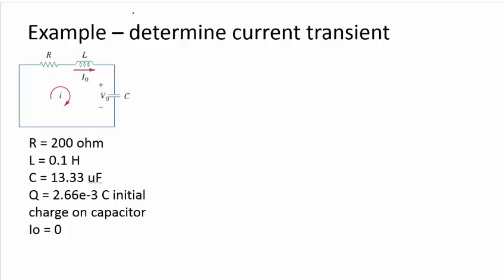So it says determine the current transient, or the transient response to this switch, and what they mean is at time 0 minus, this switch is open right here, and then at time 0 this switch closes, and the initial charge on this capacitor will go out into the circuit. So I have a current definition in this direction, which was consistent with our second order differential equation.